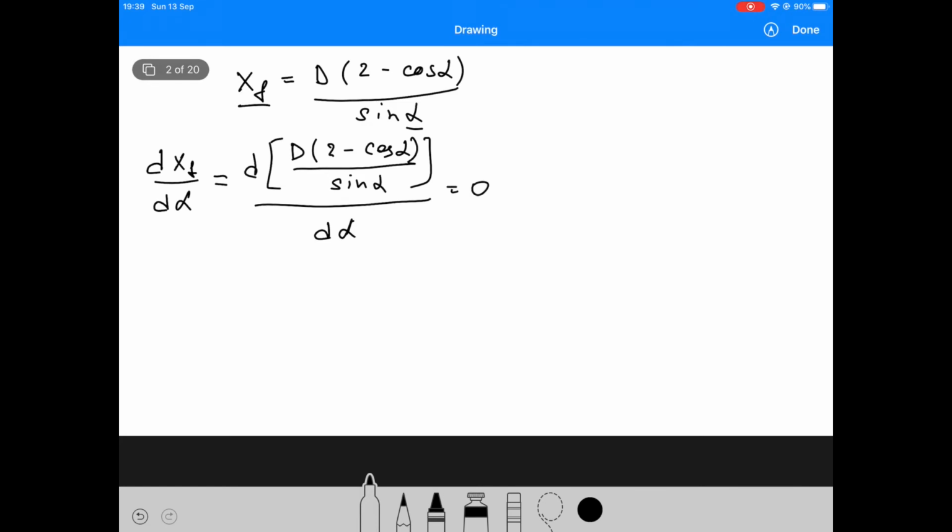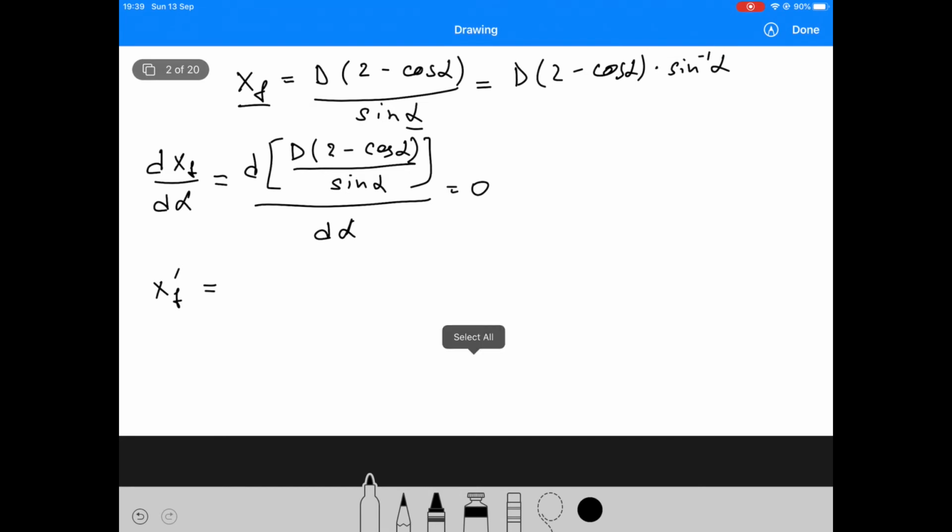Okay, in order to take this derivative, it will be more convenient to rewrite this equation as the product of two functions. So it will be D multiplied by (2 minus cosine alpha) multiplied by sine to the minus first power of alpha. And now we can take this derivative.